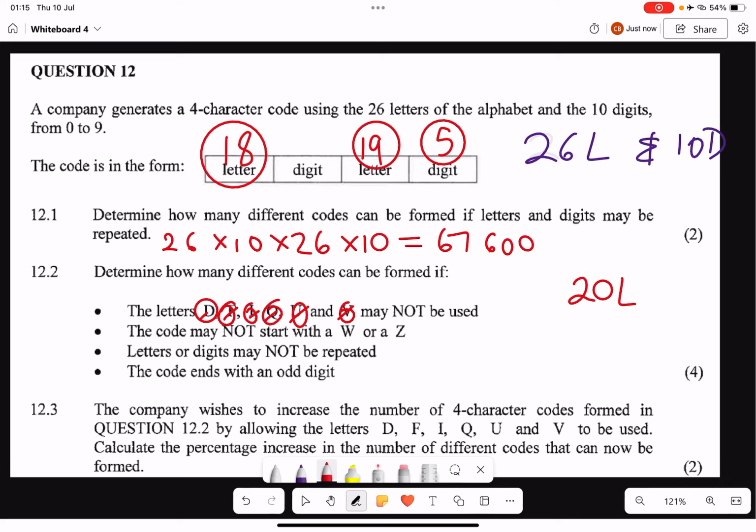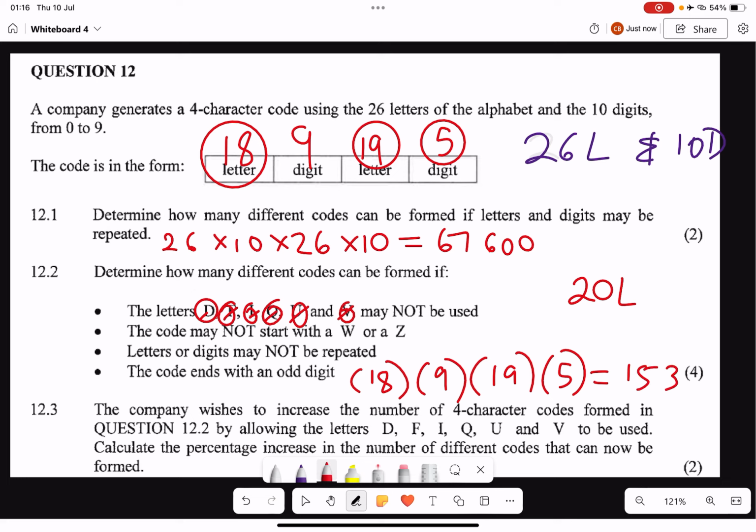They are going to join the other 5 even numbers, which gives us 9 options here, since repetitions are not allowed. So according to the fundamental counting principle, it will be 18 times 9 times 19 times 5, which becomes 15,390.